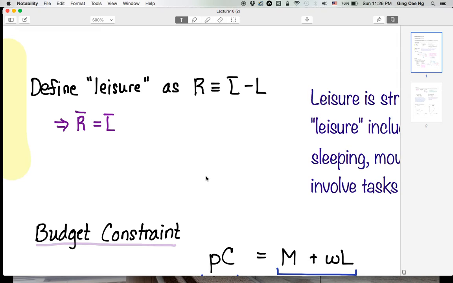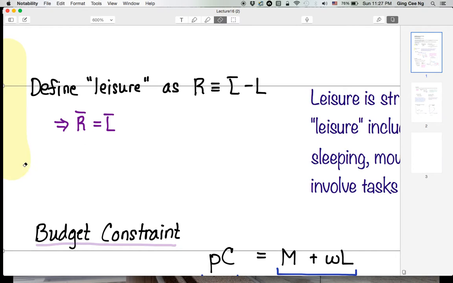Let's say you had 168 hours a week to work, then if you literally did nothing else but working, you're not sleeping, you're not eating, that 168 hours would be your L bar. But you could also define, suppose I worked 0 hours, then I could spend at maximum 168 hours of leisure. And remember, leisure is just anything that you're doing that's not working.